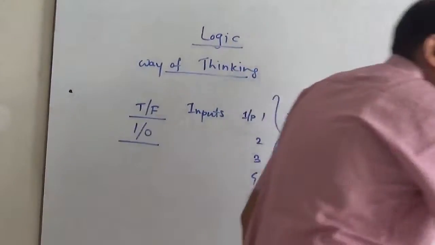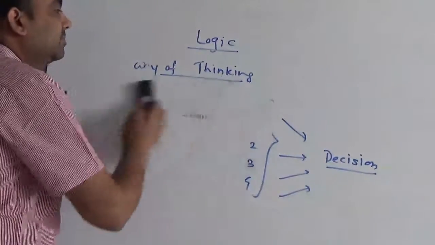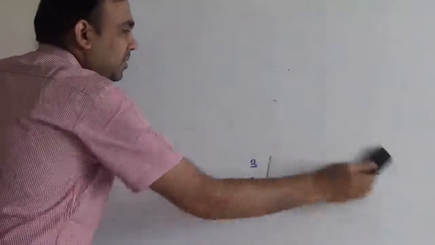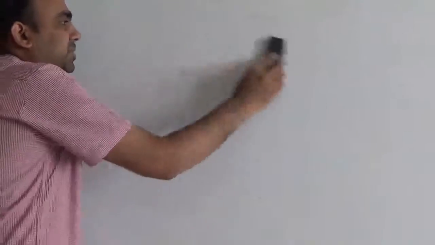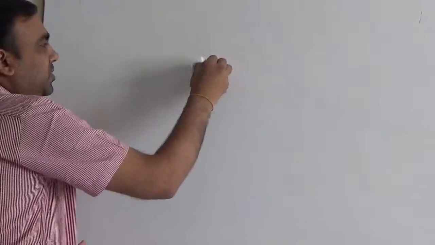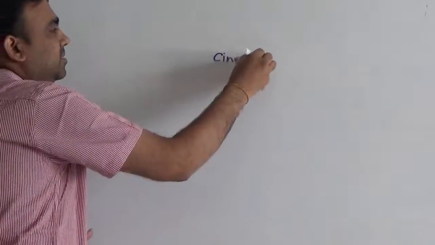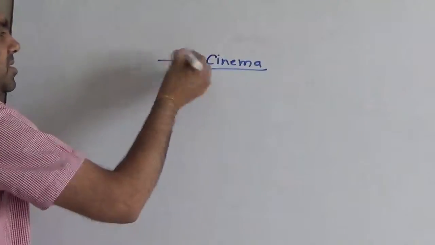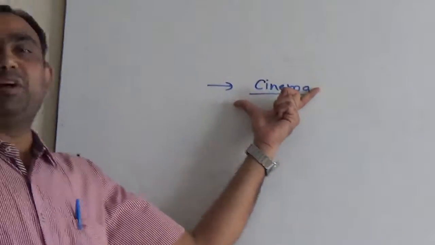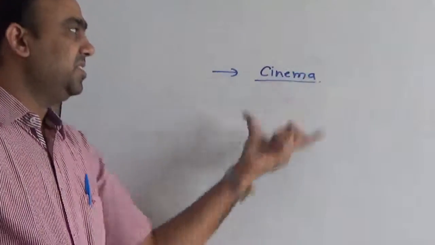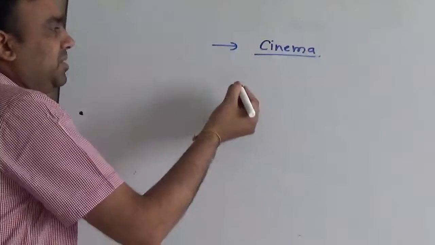Now suppose I have an example. Suppose I want to go to cinema. So the decision is whether I should go to cinema or not. Now this decision depends on some inputs.